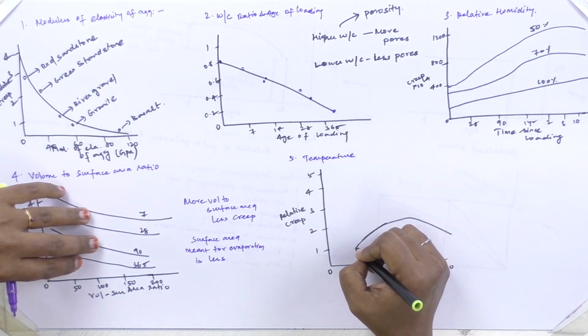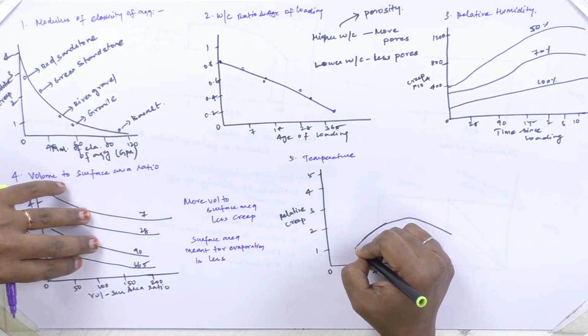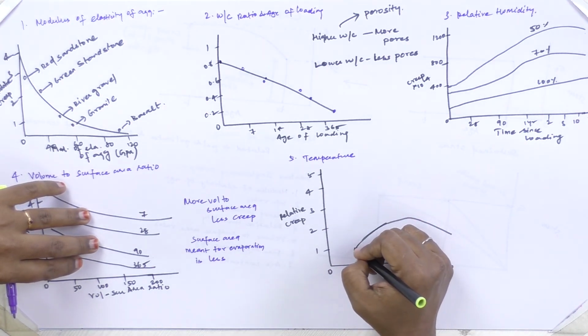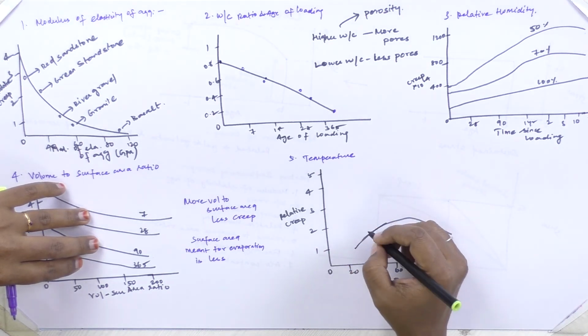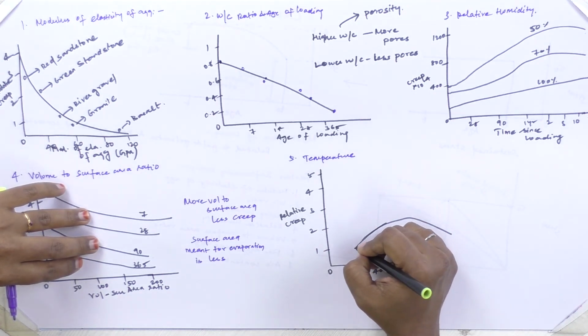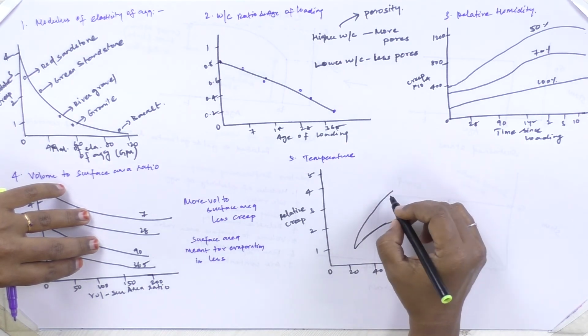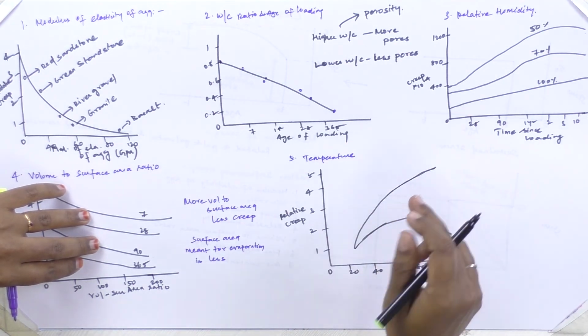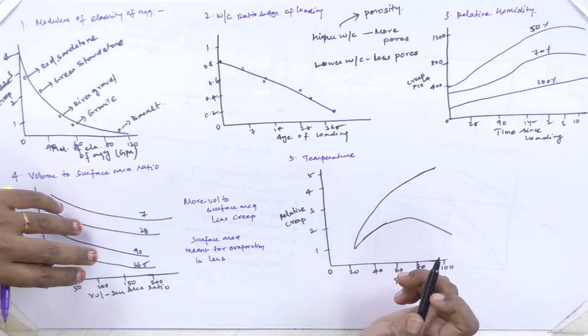But if I am curing the concrete at 20 degrees Celsius and heating it to 40, 60 or 80 degrees Celsius, then I will be exhibiting creep in this manner.